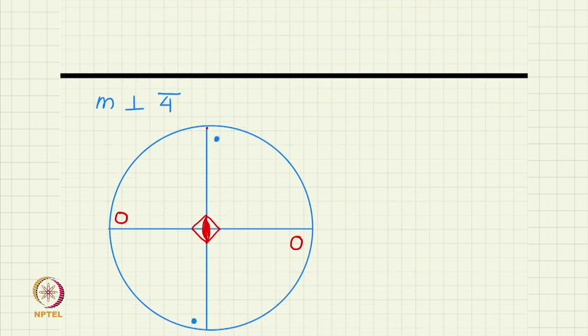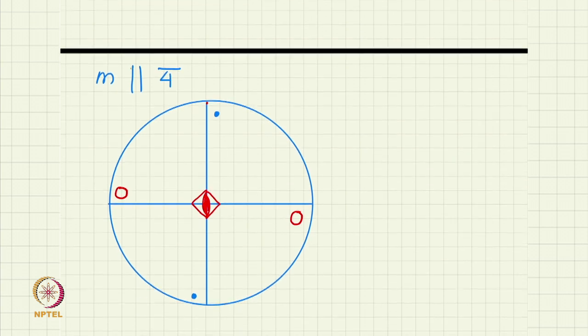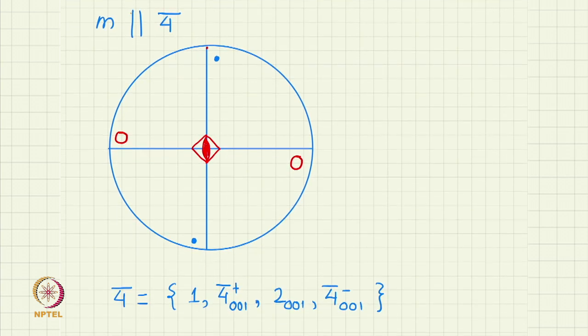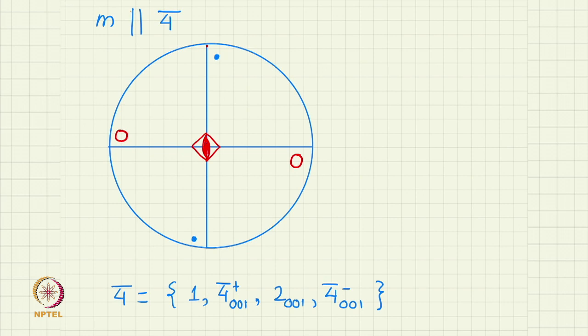Let us now put M parallel to 4 bar. So the 4 bar group is shown here.